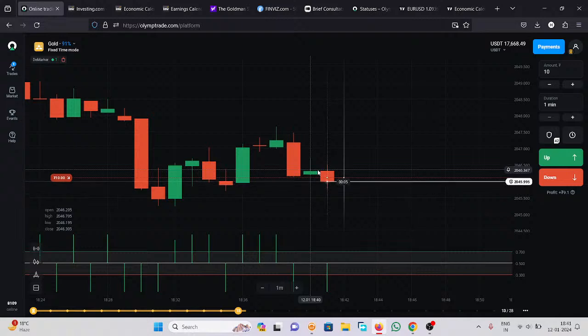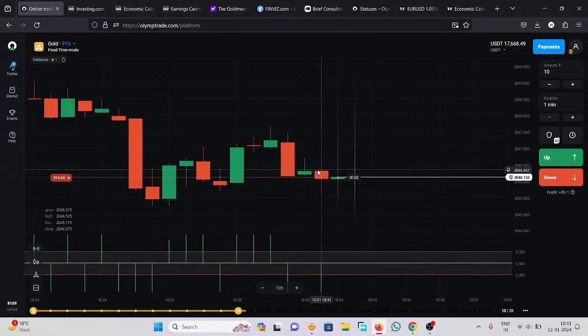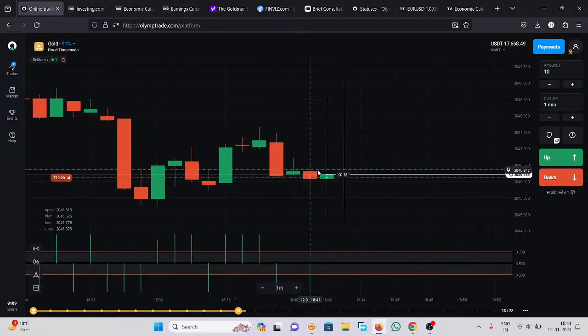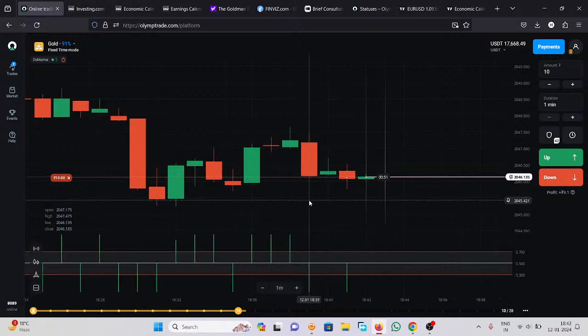If the candle has already entered the 30s, like 39, 38, and you see the signal coming, try not to open the trade, because the later you enter the trade, the riskier it is for you.